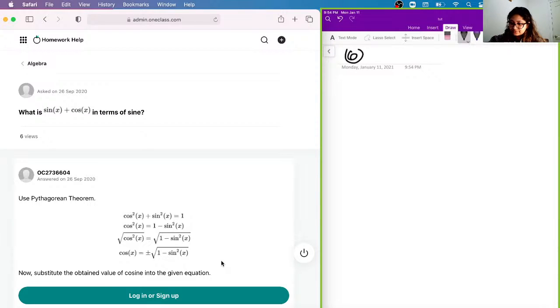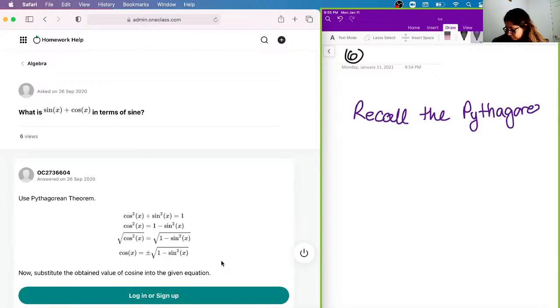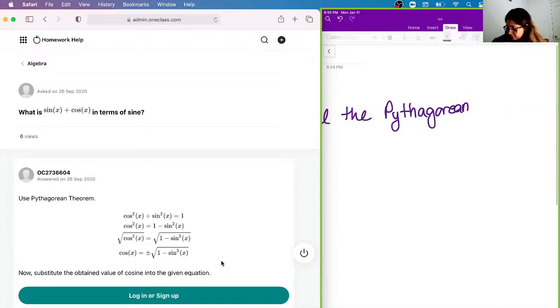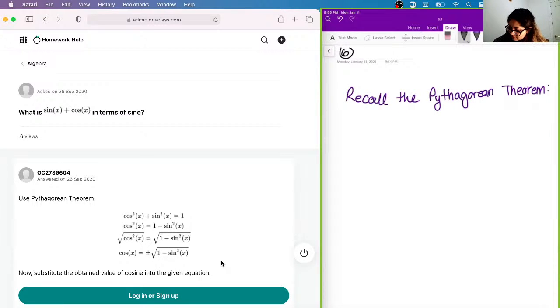Okay, so what we need to do is, if you guys recall the Pythagorean theorem, where this was, you guys recall, c squared equal to a squared plus b squared.